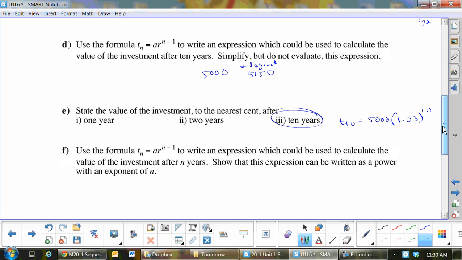But what do you always count as T1? Do you ever count 5150 in your head as T1? No, you would probably say this is T1. So this is actually T2. So the end of the first, you'd put it into 2 minus 1, and you get the 1. So the end of first is actually T2.